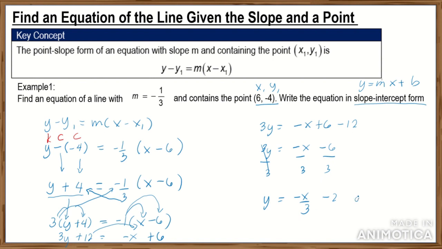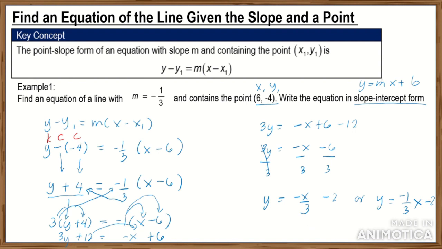Another way of writing this equation is y equals our slope, negative 1/3, x minus 2. So here our y-intercept is negative 2, or the y-intercept has the coordinates 0 and negative 2. That's it. That's how easy it is.